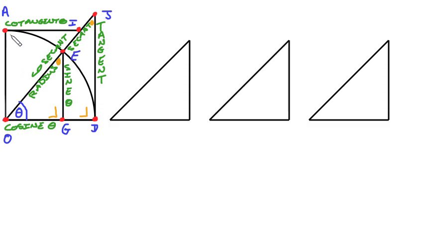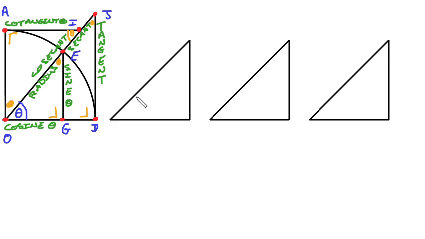Now, this angle here is also a right angle, and because this line OD is parallel to the line AI, this angle in here is also equal to the angle theta. Because of that, this angle down here is the same as these two angles. So you can see now we have identified three similar triangles, and I'm just going to line those triangles out here.